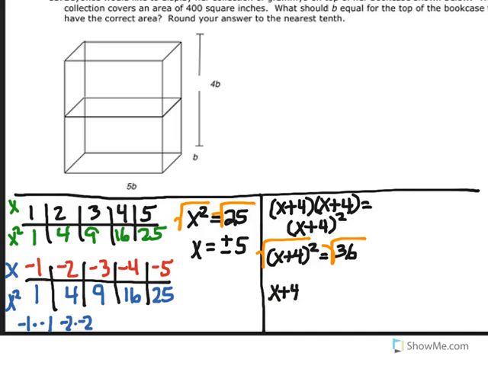What times itself gives me x plus 4 squared? x plus 4. You can see it right up here. We did it once, we did it twice. So x plus 4 is equal to plus or minus 6. We're going to have problems that look like that.